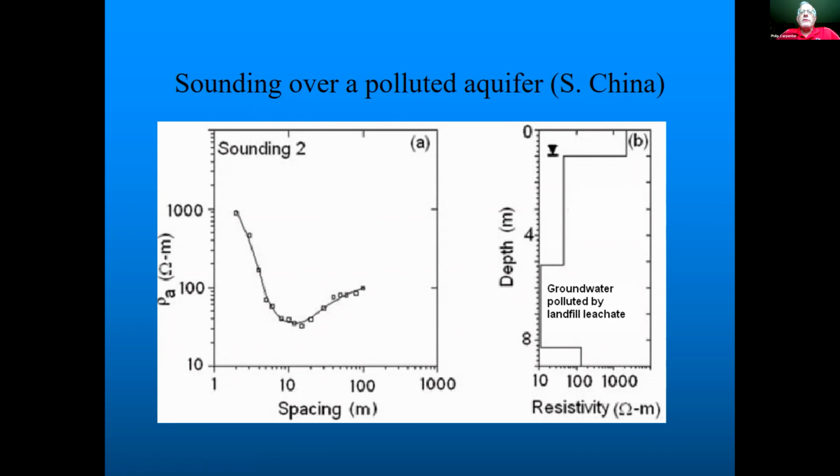We found it by doing resistivity soundings, but they knew it was polluted before that. We just wanted to identify the depths where the pollution was coming in. And again, it was a landfill, and the leachate was moving down into the aquifers. And then these were actually artesian aquifers, so it was actually coming back up into the wells in the area.